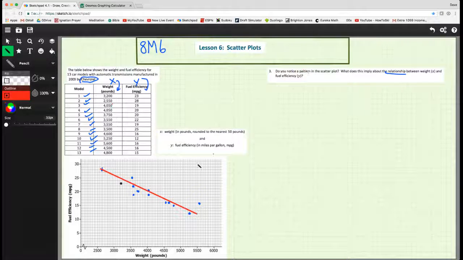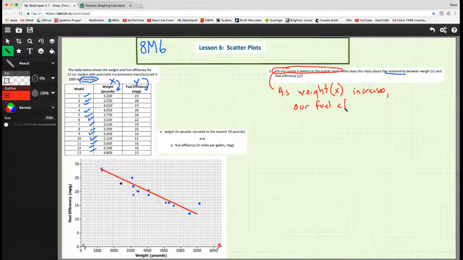So the pattern in the scatter plot that I noticed, and hopefully you noticed, is that as the weight, which is x, this is our x, increases, our fuel efficiency, y, decreases.